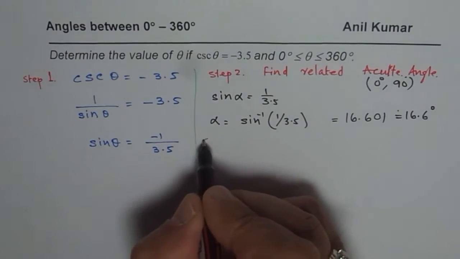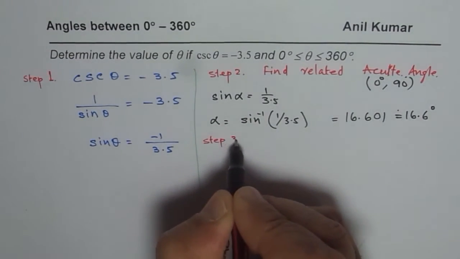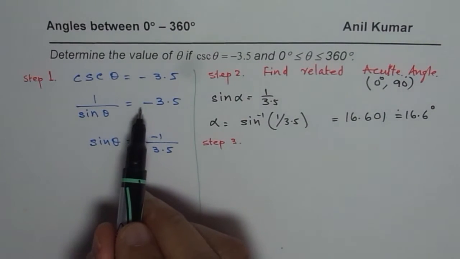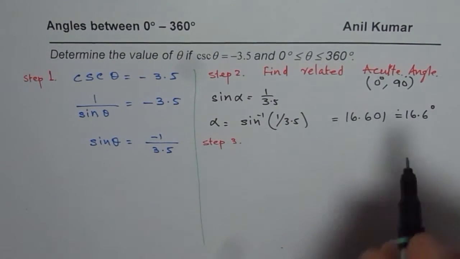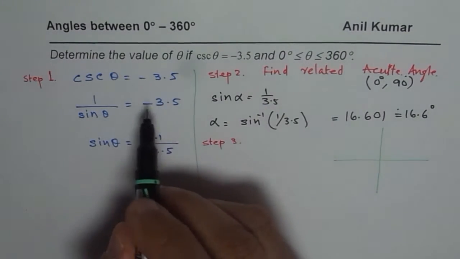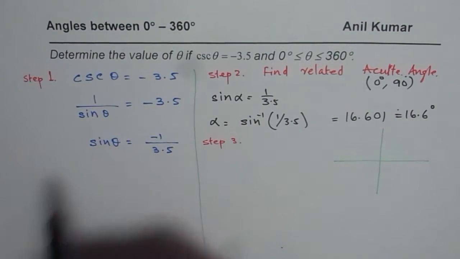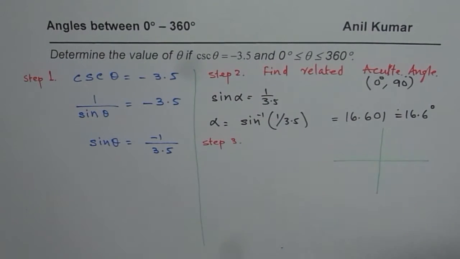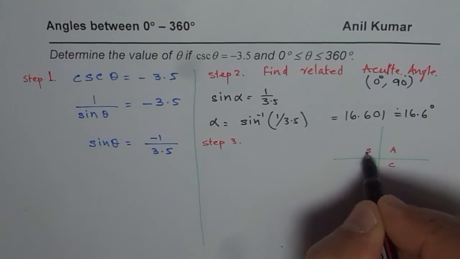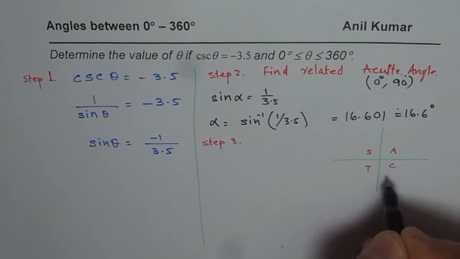Now step 3. You have to figure out in which quadrant the principal angle should be, right? So we are looking for a negative value. You know from the CAST rule that all are positive in quadrant 1, sine in 2, tan in 3, and cosine in 4.